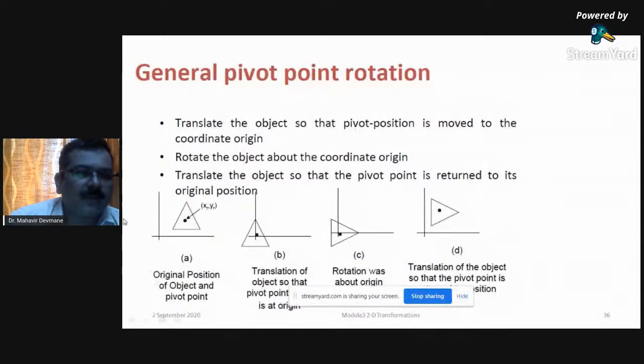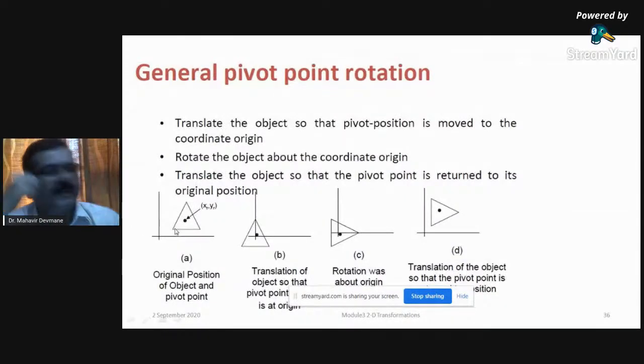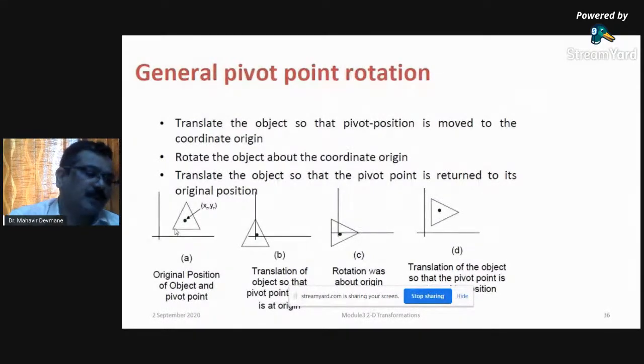Okay. So the fixed point may be anything. Sometimes the fixed point may be the center of your triangle or the center of your object. It may be any vertex of your triangle or the object under consideration, or sometimes it may be a randomly selected pixel.